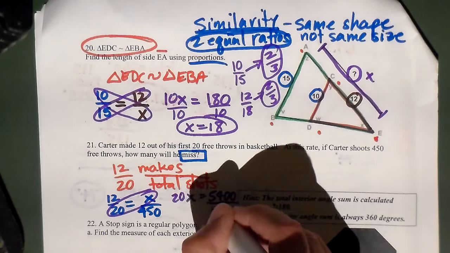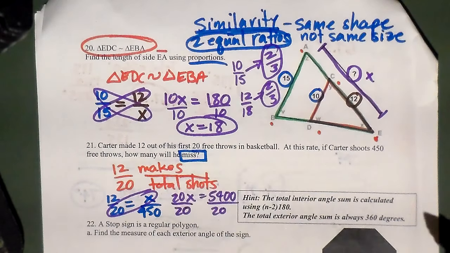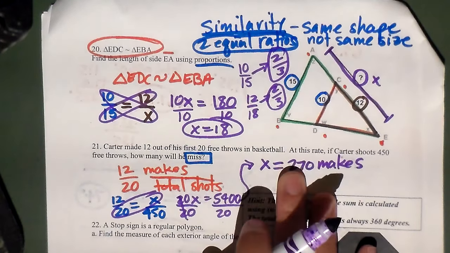I divide both sides by 20 because I want to solve for x. So x equals 5,400 divided by 20, which is 270. Now, 270 tells me how many makes he has. So if he shoots 450 shots, he's going to make 270.